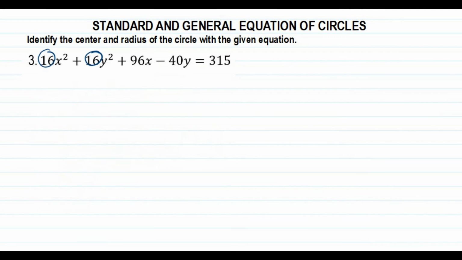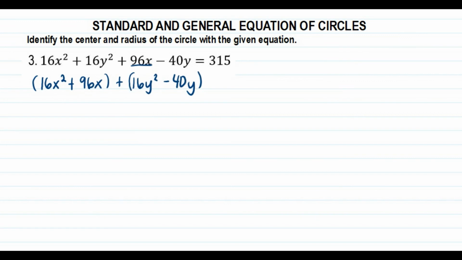Now, what shall we do? Again, using the steps, group according to variable. 16x squared. Ang kagrupo niya is plus 96x. Let's group them. Plus 16y squared minus 40y equals 315.